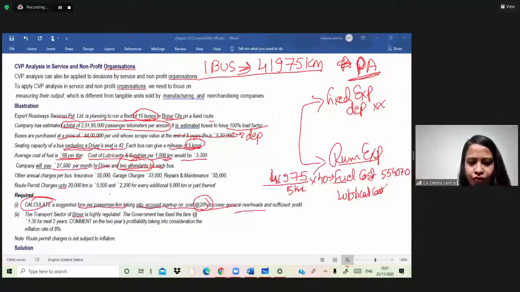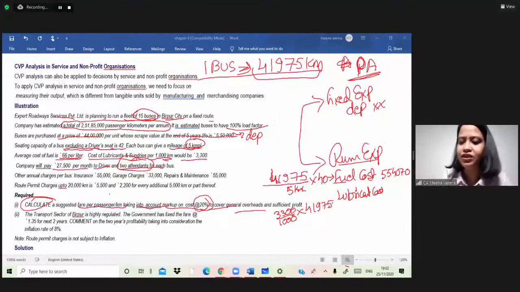For 1,000 kilometers, this value is 3,300, and the bus is traveling this distance, 41,975. So in this way, you will get the lubricant cost.